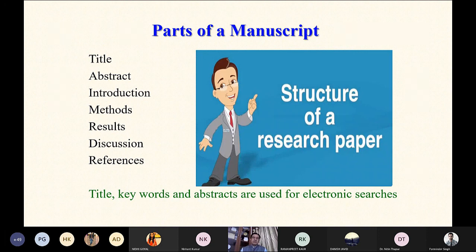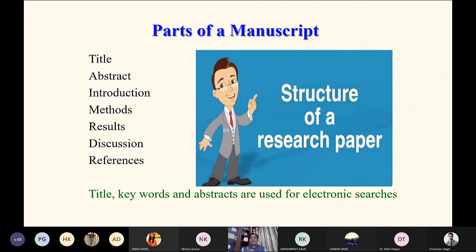It is not that only one part of the manuscript is going to play an important role. It is not only the results and findings that are more important for the editor, the journal, or the readers who will read our paper once it has been published.